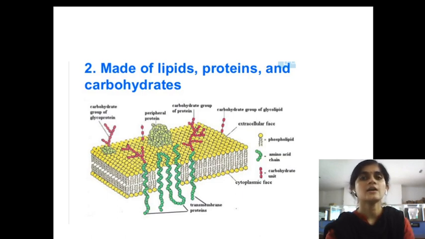And these are the main backbone of the plasma membrane. Carbohydrates are always attached to the surface of the lipid bilayer. Protein channels are always present in between the nonpolar tail parts, and the lipid bilayer is the structural component of the membrane.